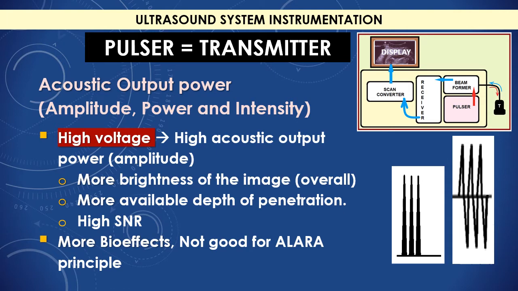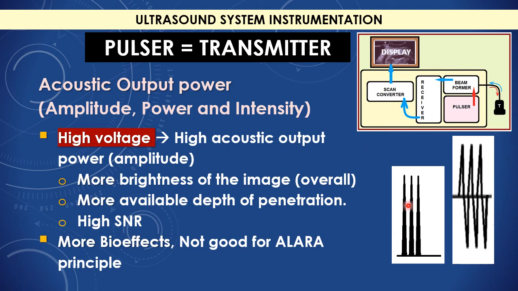Examples. Again, we are talking about the acoustic output power. Like I told you, we have electric spikes. This is here an example of electric spikes. If we have a pulse made of 3 waves, there is a series of 3 electric spikes that are delivered right away as a train coming out from the pulsar toward the transducer.